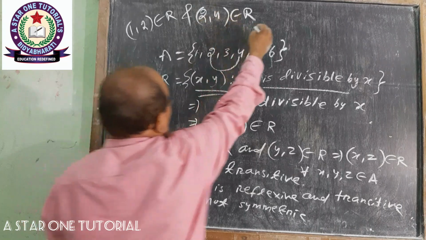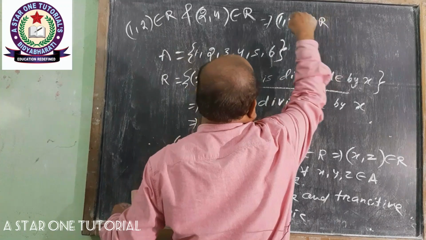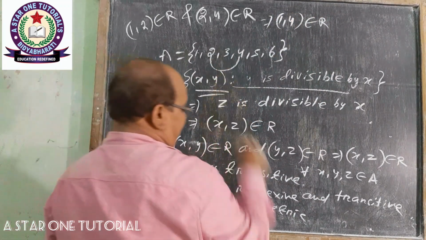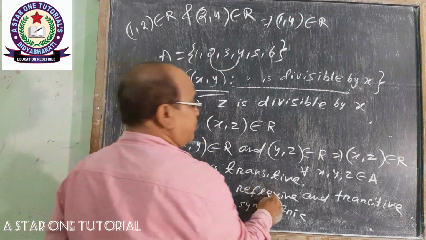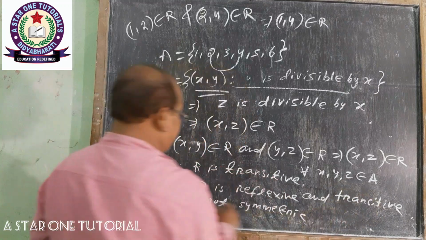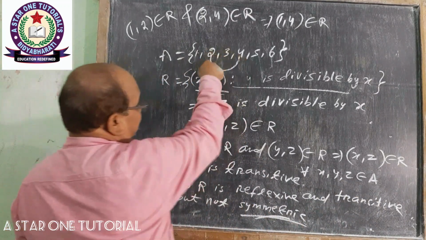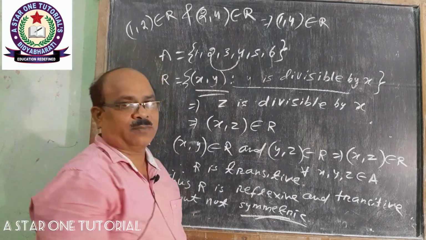This implies that (1, 4) belongs to R, because 4 is divisible by 1. That's why we can say that this is transitive. So the relation R is both reflexive and transitive, but it is not symmetric. 4 is divisible by 2, but 2 is not divisible by 4. That's why it is not symmetric.